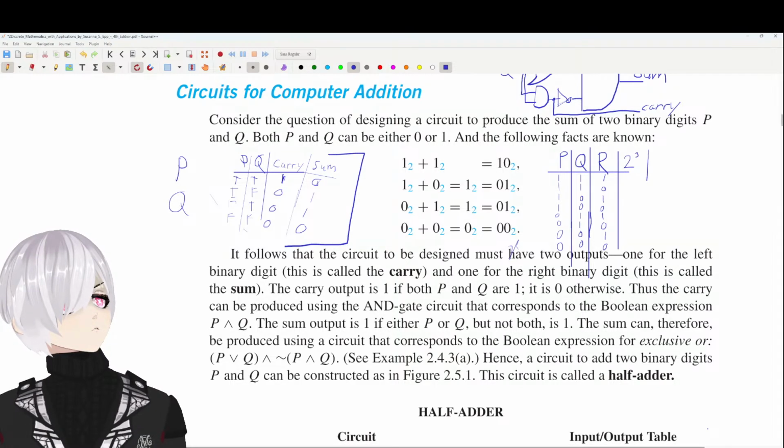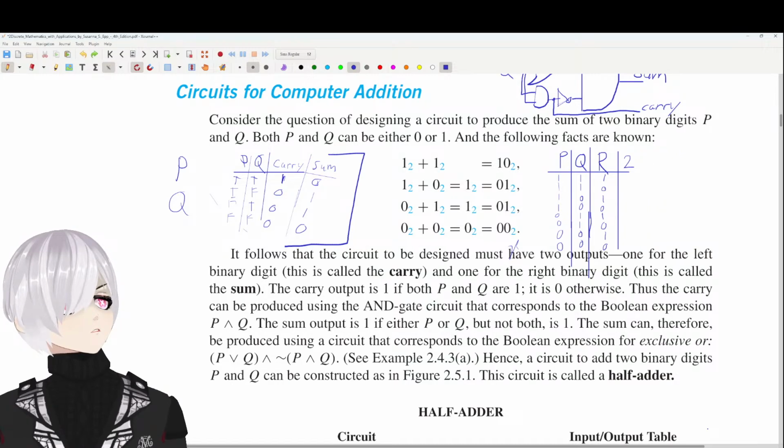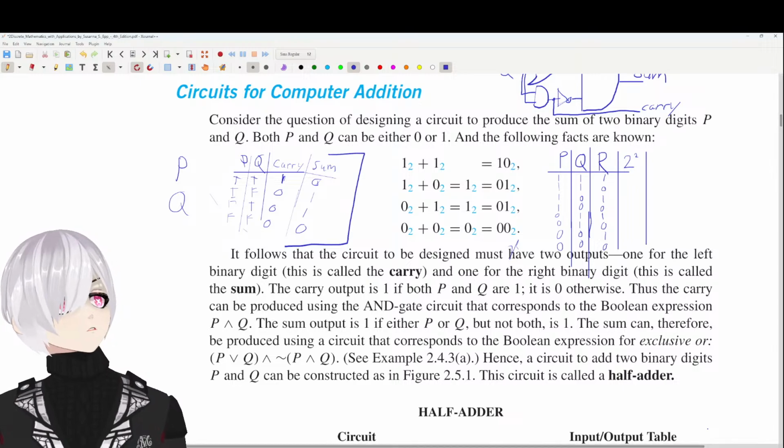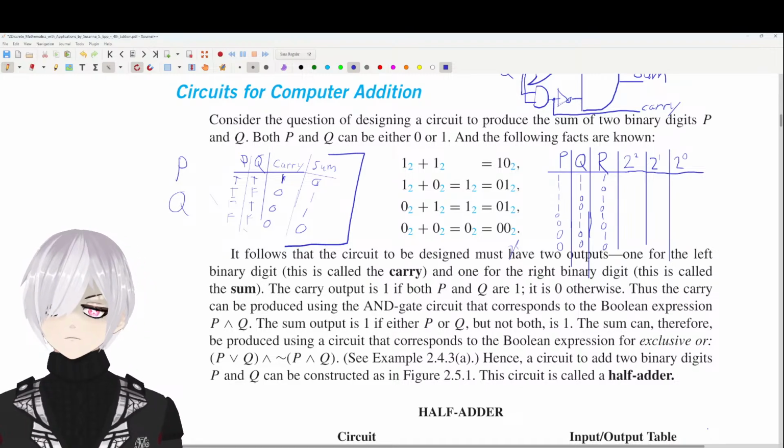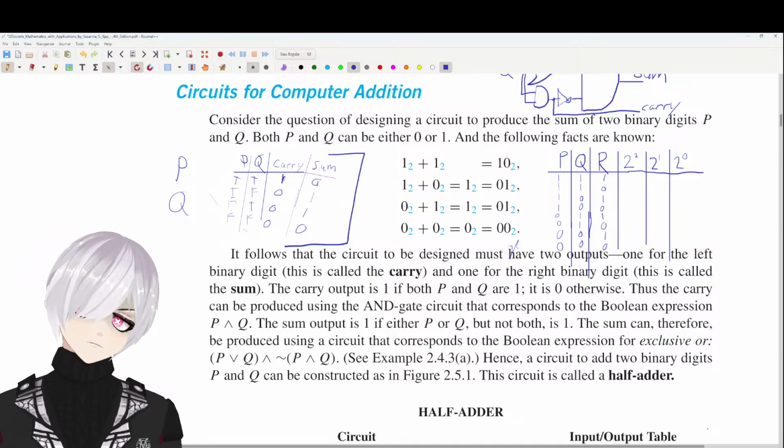I guess the next thing they do is look at not only adding three binary digits, but adding two binary numbers, each of which has more than one digit. That ends up requiring a mechanism for adding three digits. It's like making a circuit that could add 11 and 10, for example. When you're doing addition like that, you need to carry a one, and then you're adding three digits.